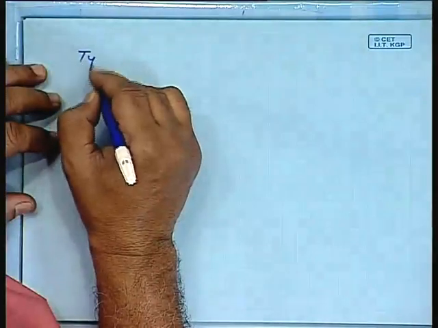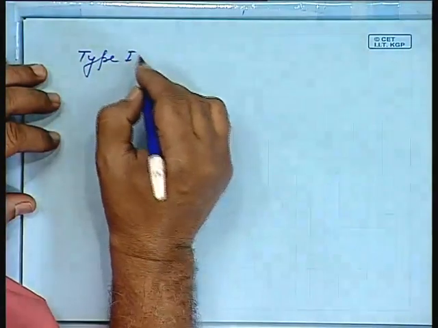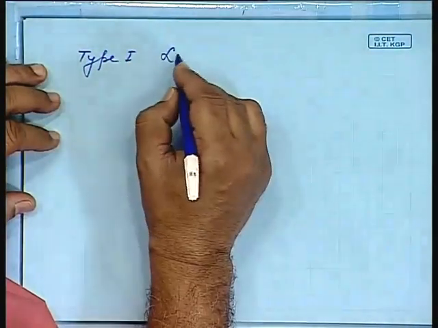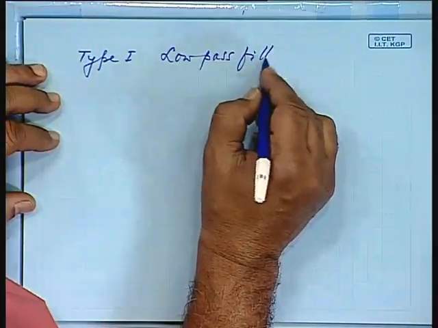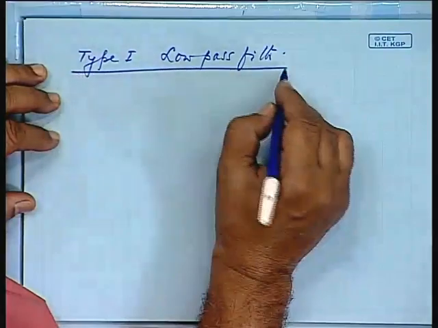So, let us see what it will be like for a type 1 filter. That is even symmetry and odd number of terms.